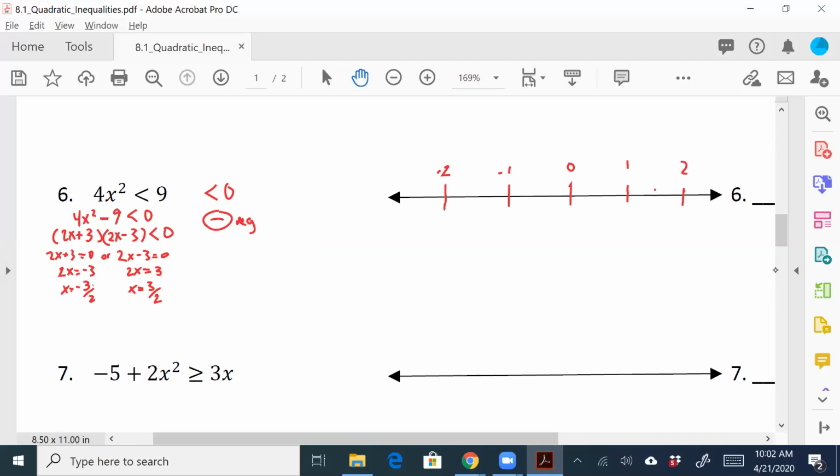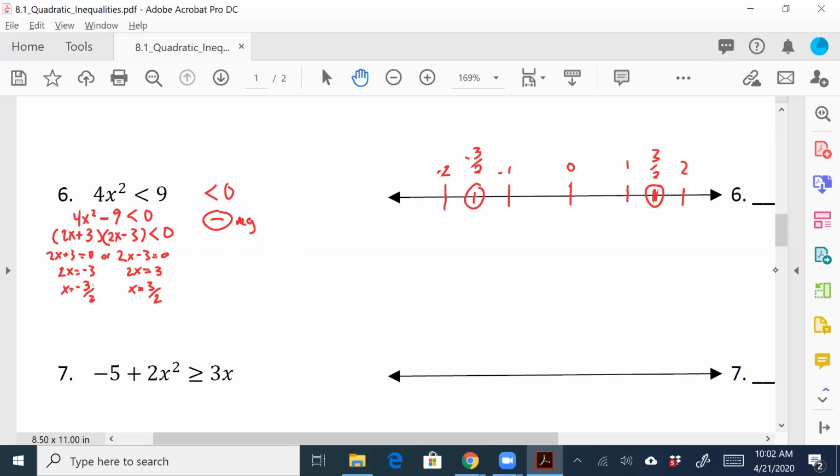And then I'm going to graph 3 halves, and I'm going to use an open circle. And over here, -3 halves, again, an open circle.